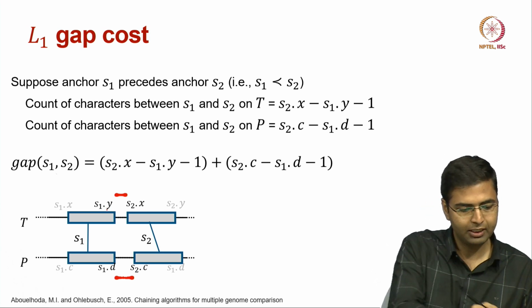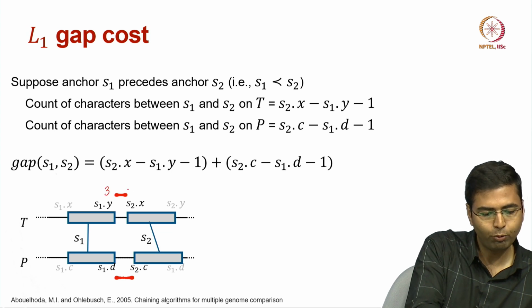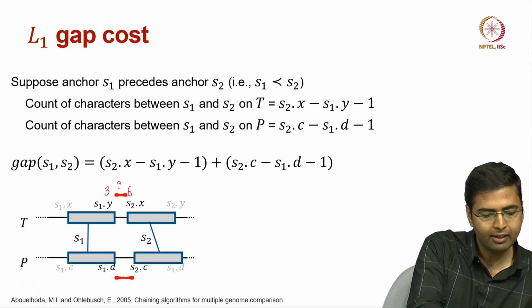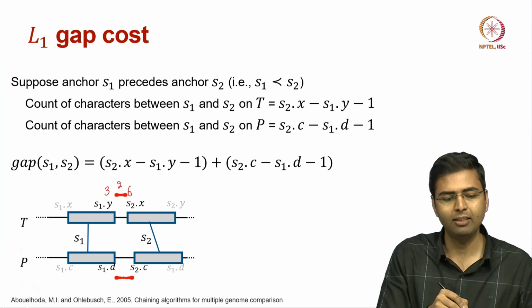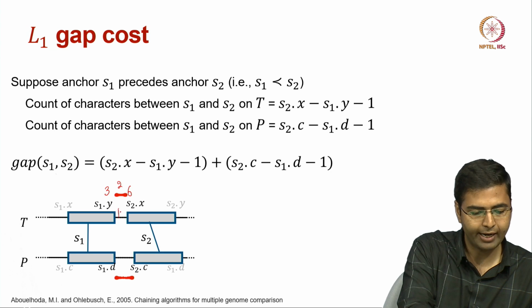For example, if this position is let us say 3 and this position is 6, then precisely you have two characters in the middle, that is 6 minus 3 minus 1. So in that case you would have two characters in the middle.